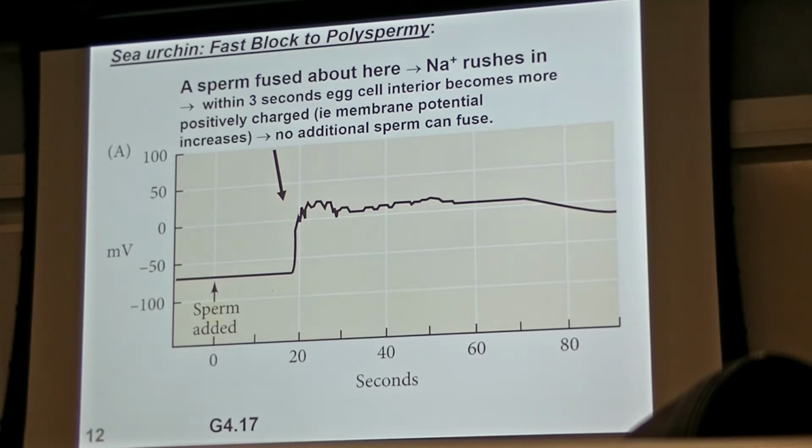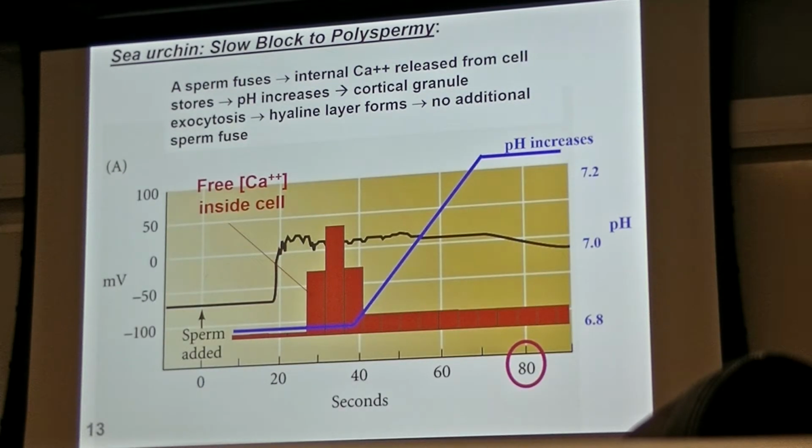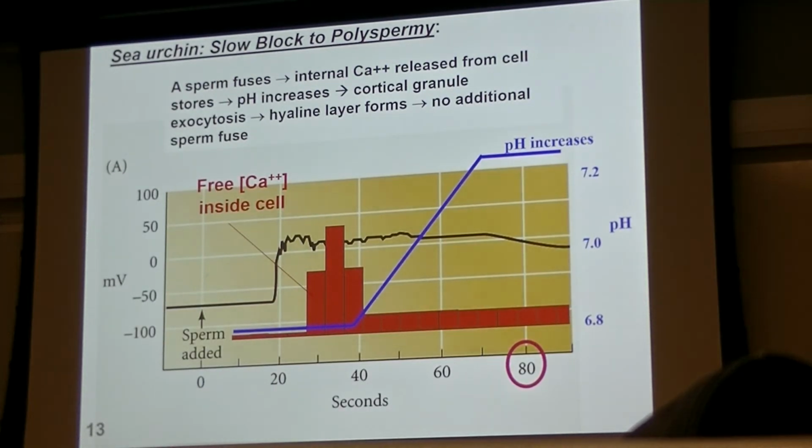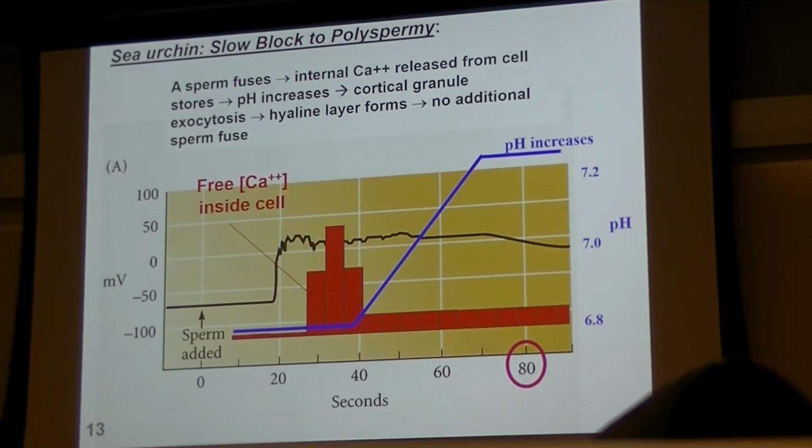Okay, so I have a fast block to polyspermy due to this change in membrane potential. What other events are happening here? As the sperm fuses, calcium increases inside the cytoplasm of that cell.